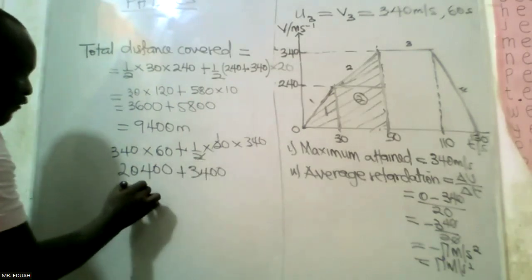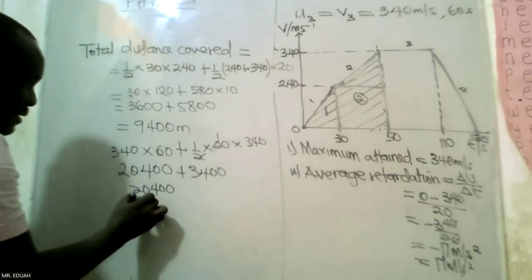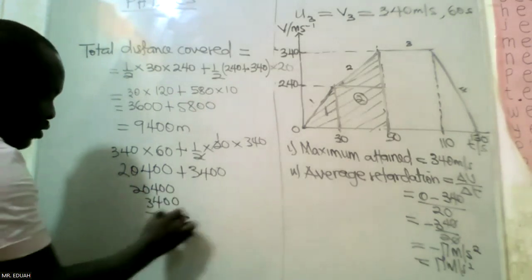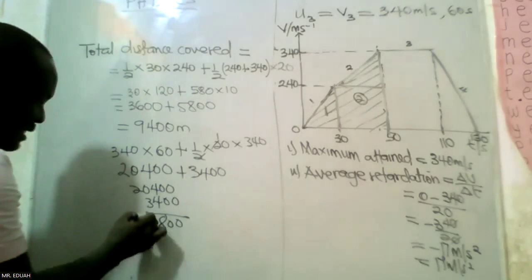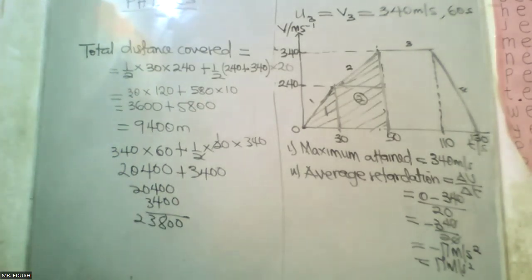So 2040 plus 3400, we have 23,800. 5,800. Is that correct?